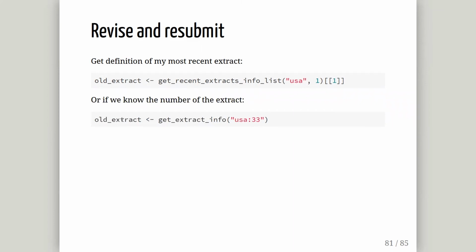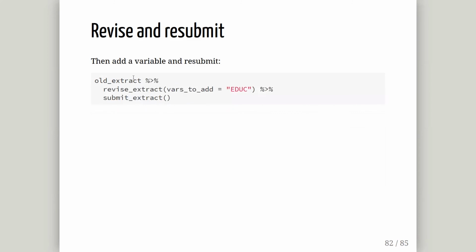So now we've saved that definition to this object called old extract. And then in this example, we can add one variable that we forgot to add. We take old extract, then revise extract by adding the variable education, and then submit it again.